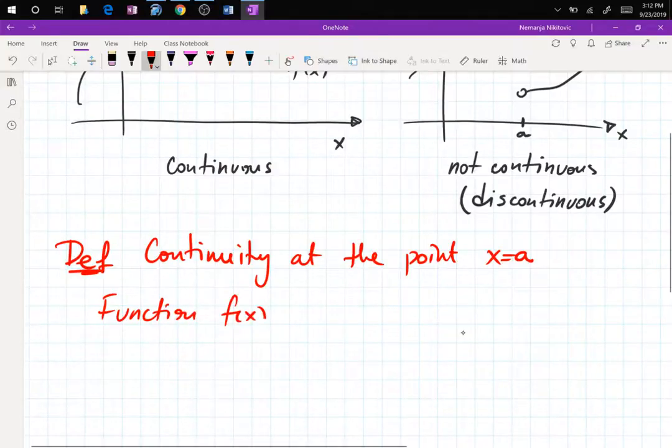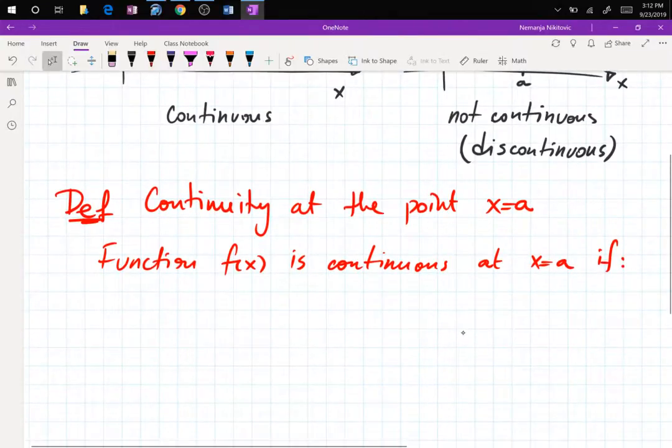So it goes like this. Function f of x is continuous at x equals a if, and now you have three rules that you have to check every time you are faced with this. Number one, f of a exists.